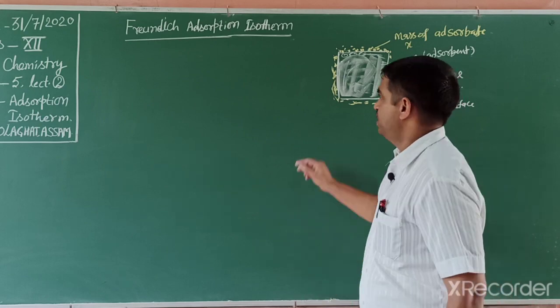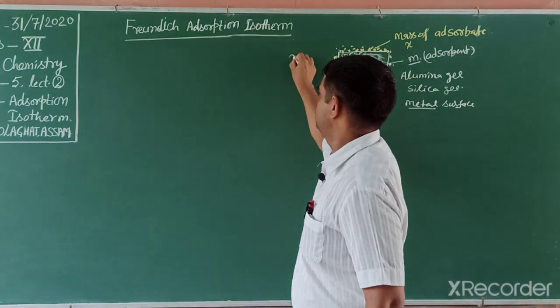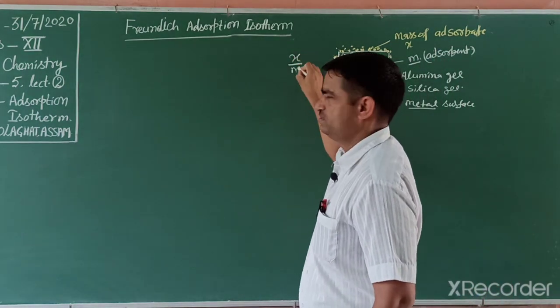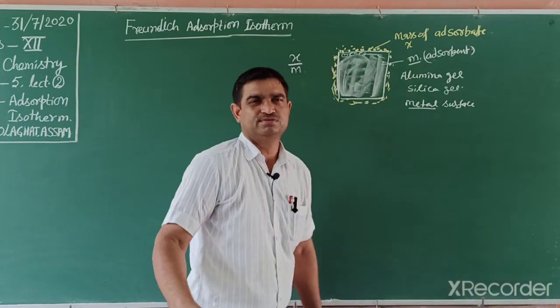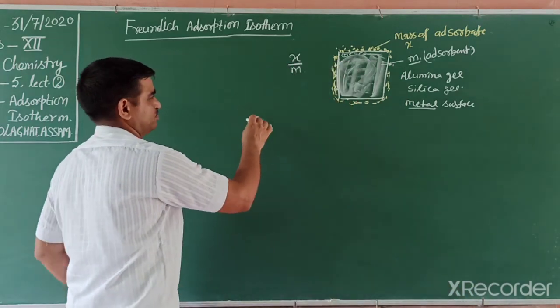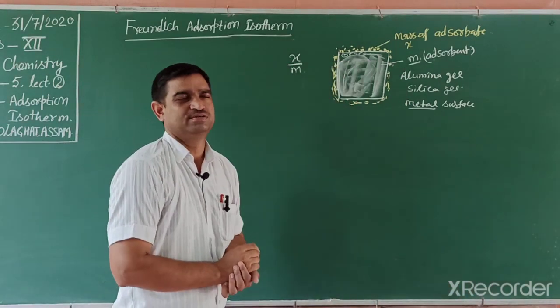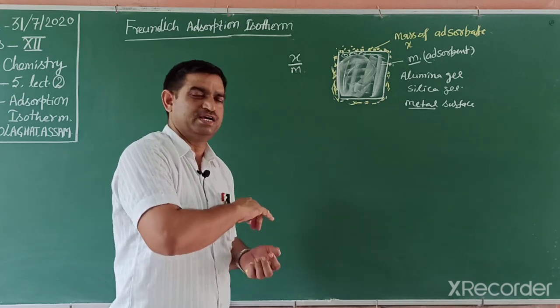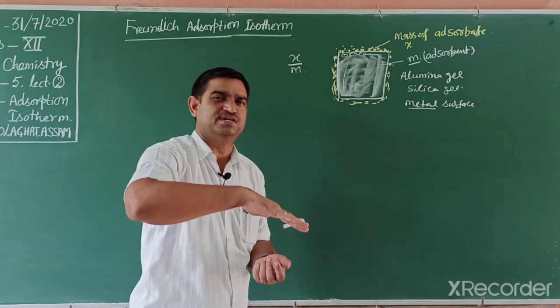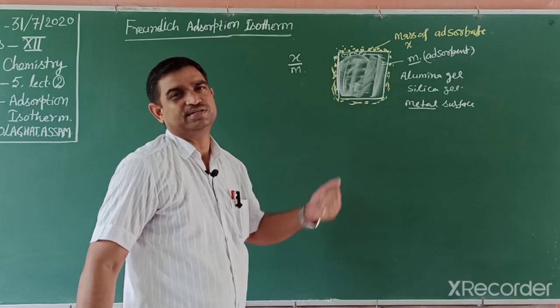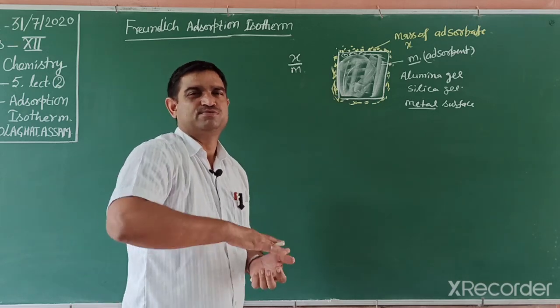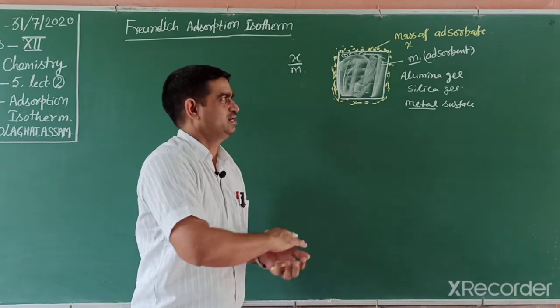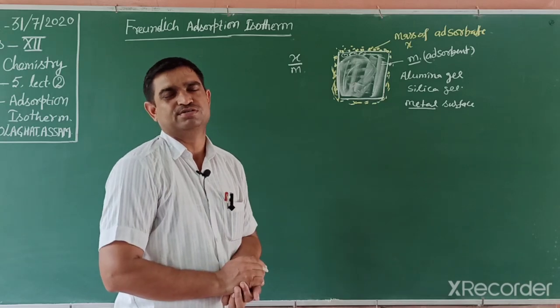So we write x by m. x by m represents the extent of adsorption, the amount of adsorption. If we plot it against pressure, then as you apply pressure, adsorption increases. But on further increase in pressure, it remains constant.